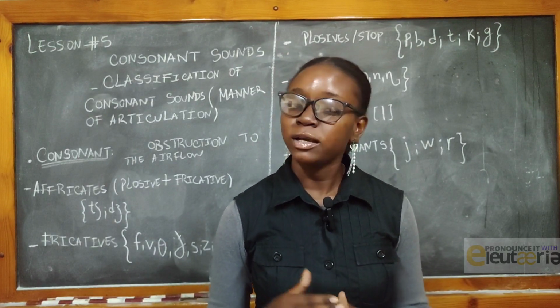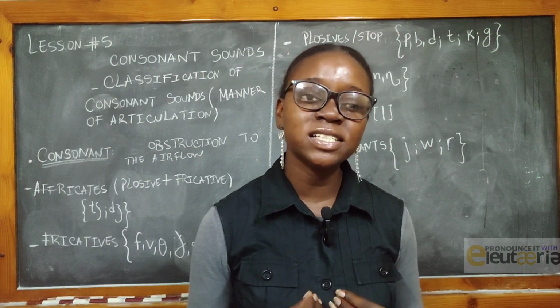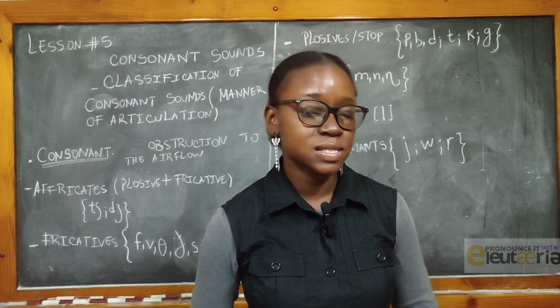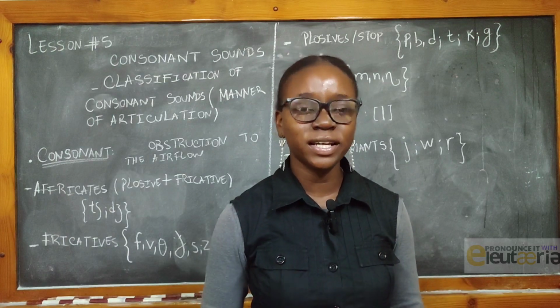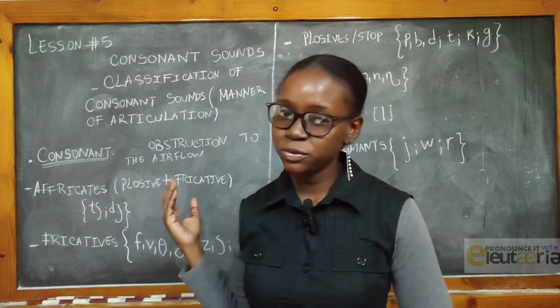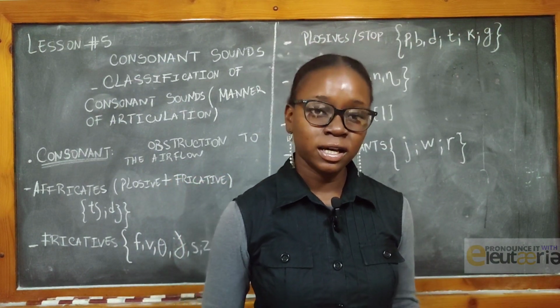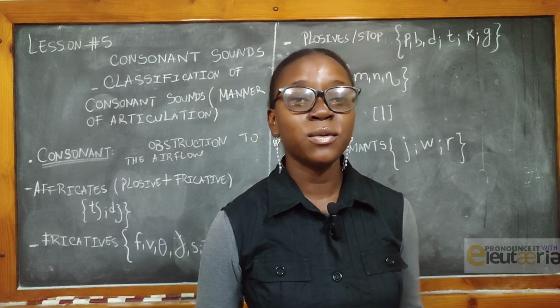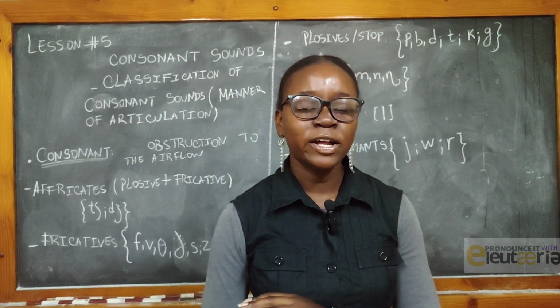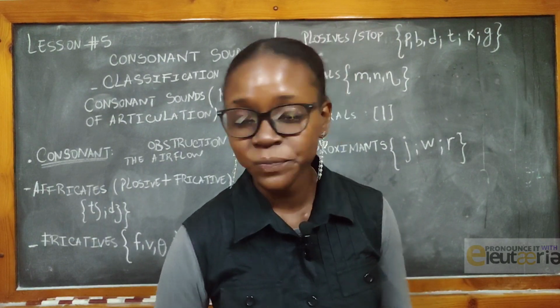But in this lesson, we are going to see that when we articulate consonant sounds, we create an obstruction to the airflow. This is different from vowel sounds, where there is no obstruction at all.